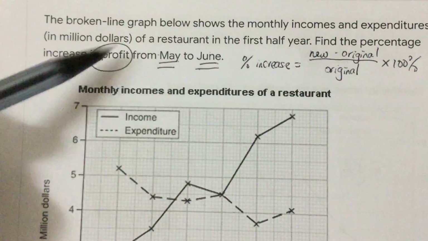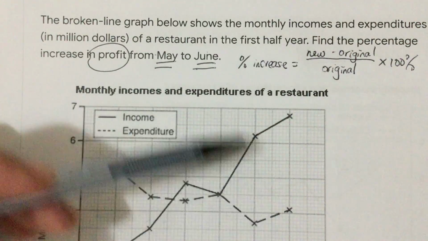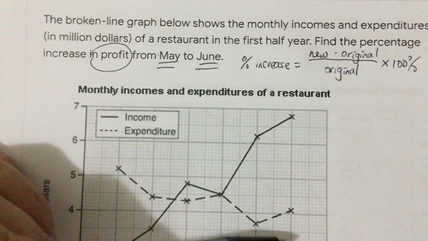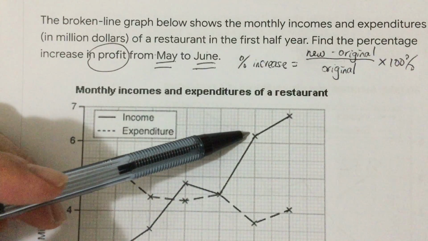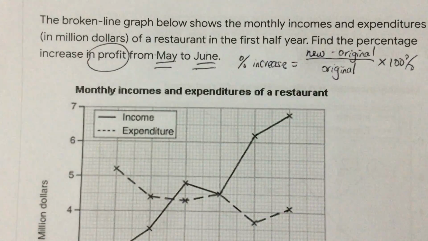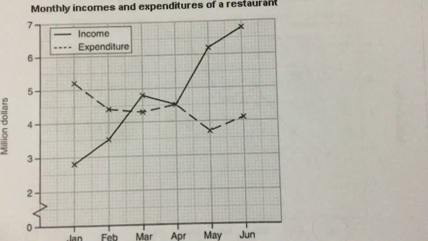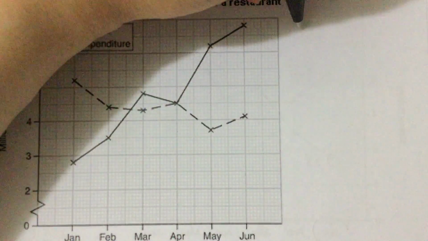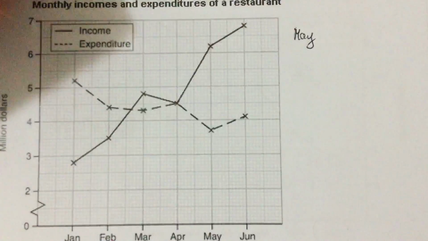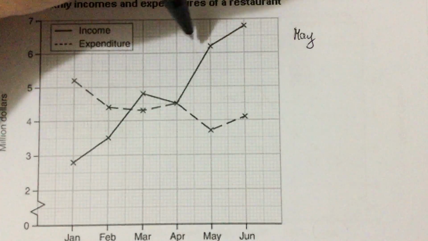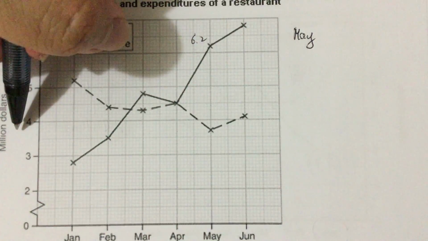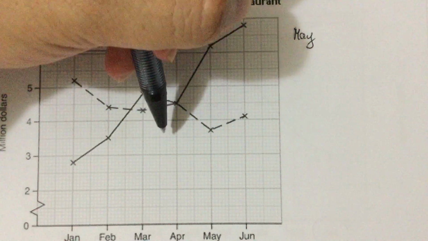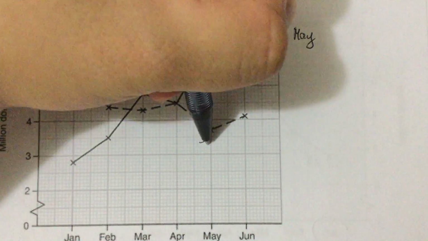So we're going to count the profit. That means we need to minus them. We cannot use only the income, or only the expenditure. We need to minus it, okay? So let's look at this one by one. For May, you will see the income is 6.2. The expenditure here is 3.7.